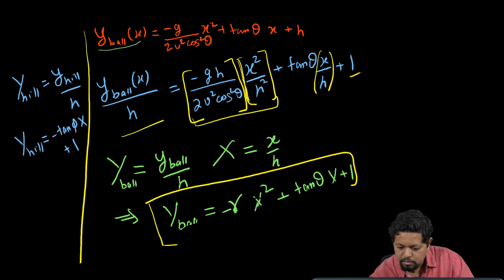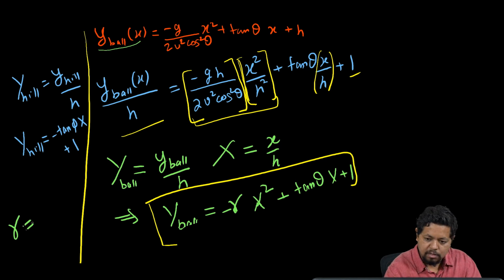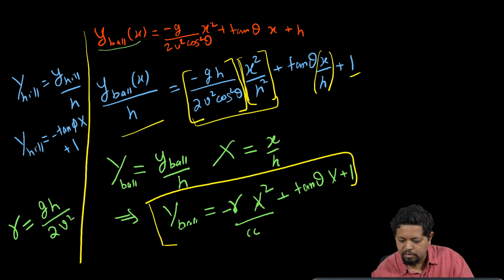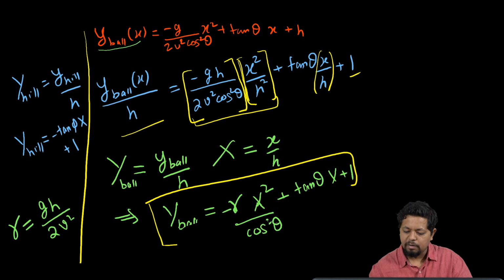This is gamma X square, and gamma is a dimensionless constant, so I'll define gamma as gh by twice v square. Then we'll have a cosine square theta here. Theta is a different parameter, so I want to keep theta as a separate parameter. I don't want to absorb theta inside gamma.